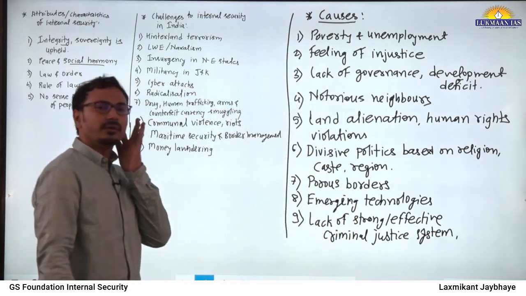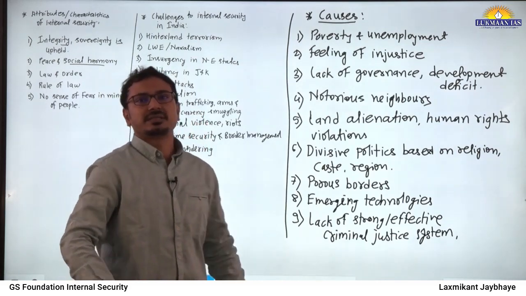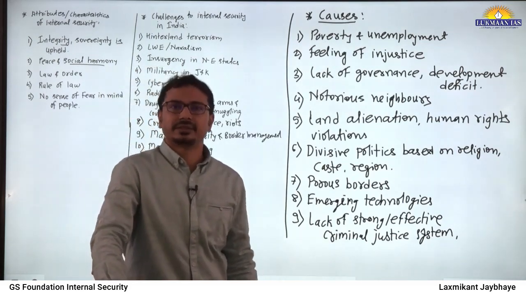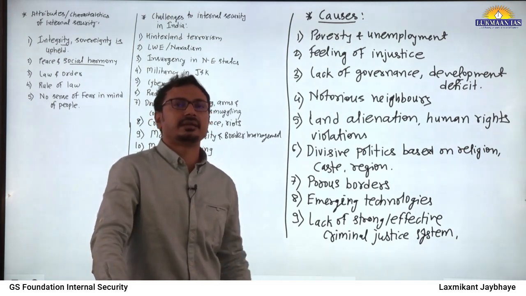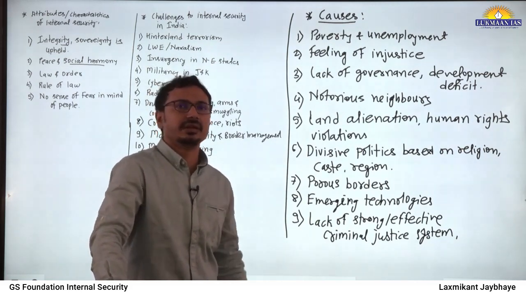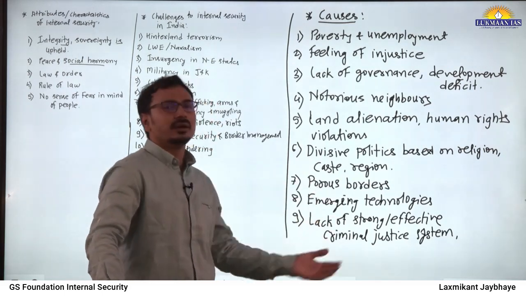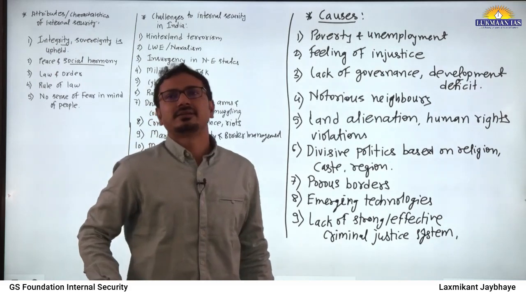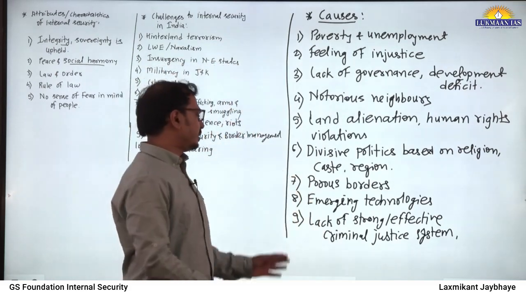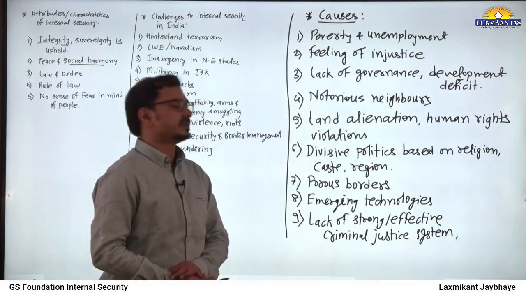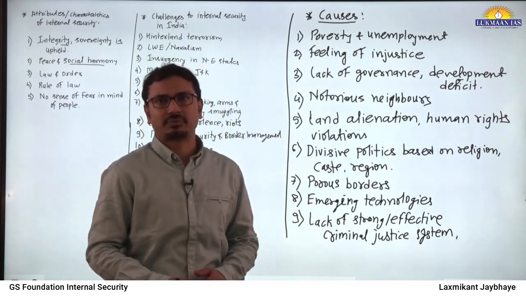Lack of effective criminal justice system. So one of the reasons is that also. Obviously, even if the terrorists or these persons involved in crimes, let's say frauds, money laundering, escape from the legal system, and because of a poor, weak criminal justice system, there is delay of convictions and all these things happen.